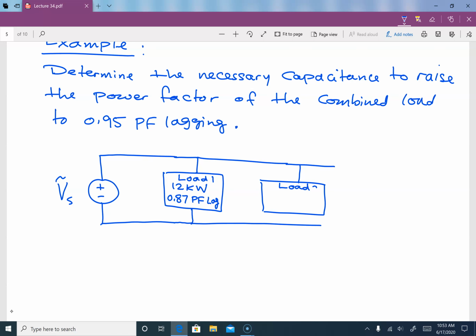Load 2, 24 kVA, 0.9 power factor lagging, and the voltage across the load is 240 with angle 0 volts RMS.